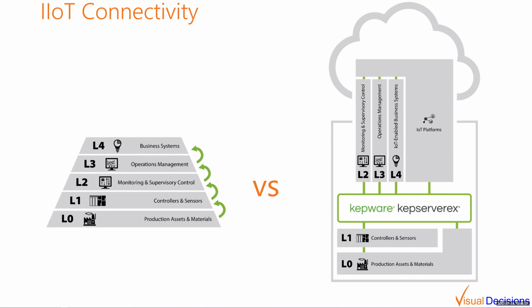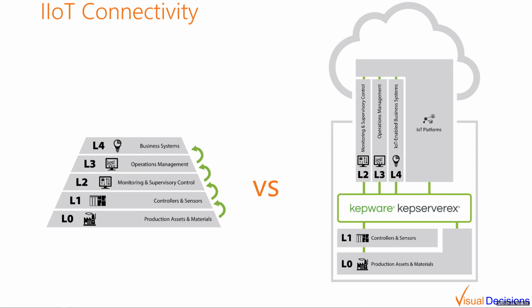So when we think about ISA 95 and level 0, 1, 2, 3, 4, in terms of the actual assets themselves, all the way up through the different business systems, the way that this has traditionally been done is that you have point-to-point integrations at every single level of that hierarchy. And as you want to change out one business system for another, or one operations management system to another, or you want to add another one, what ends up happening is then you have to redo all of those different points of connection.